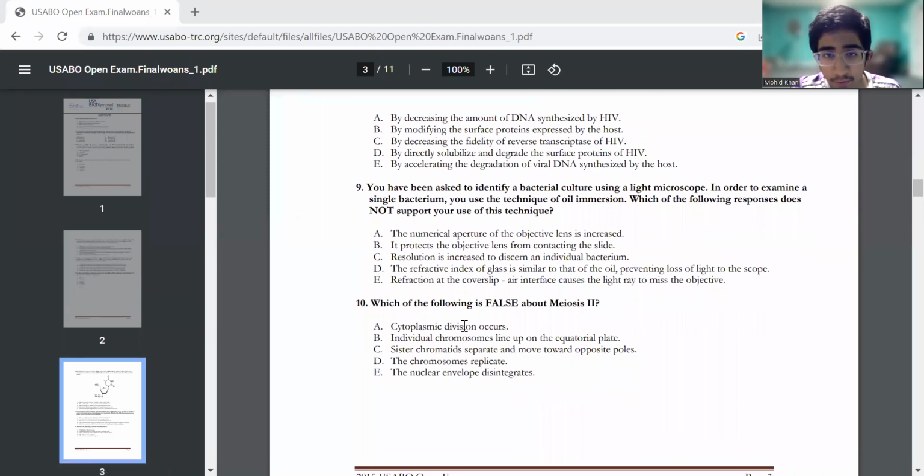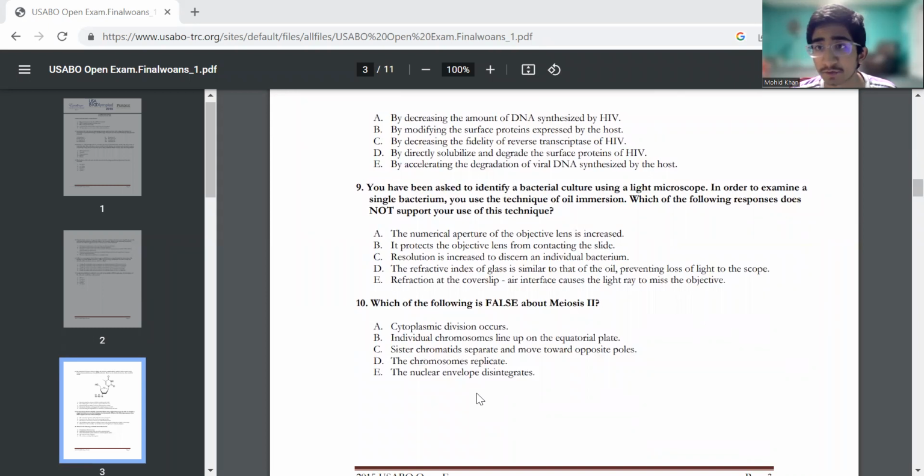All right, another question about meiosis. Which of the following is false about meiosis II? The cytoplasmic division occurs. That is true. That occurs in telophase 2. Individual chromosomes line up at the equatorial plate. Yep, that's during metaphase. Sister chromatids separate and go towards opposite poles.